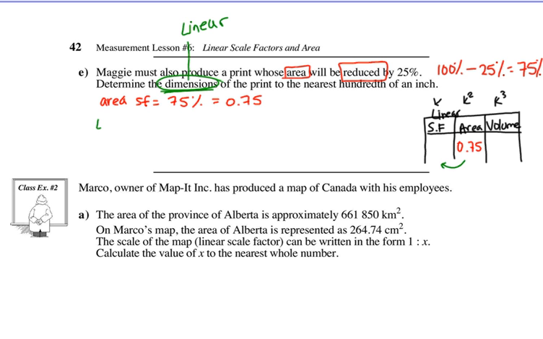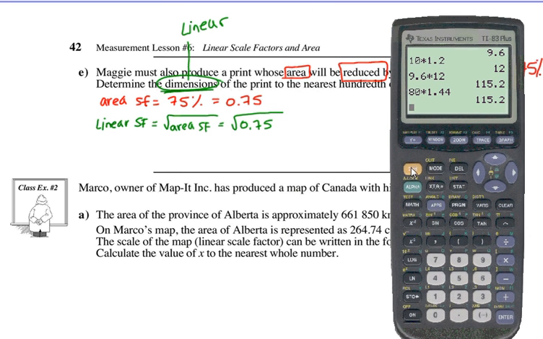Our linear scale factor is the square root of our area scale factor, and that's always true. So square root of 0.75, let's type that in. That gives us not the nicest number, but that's okay.